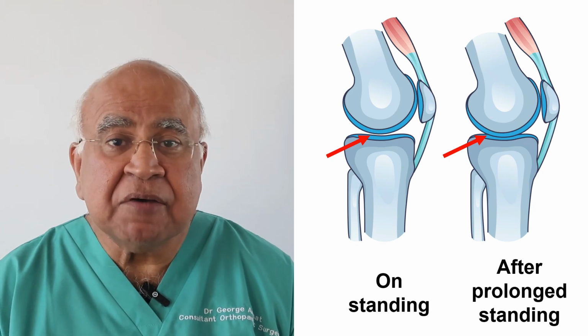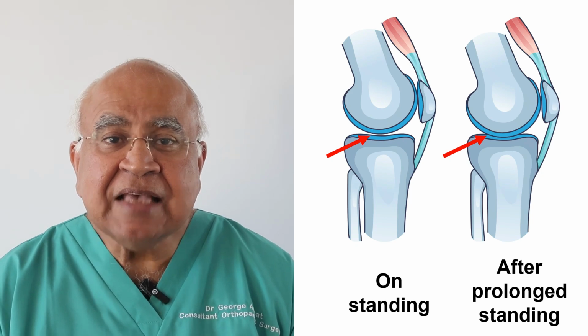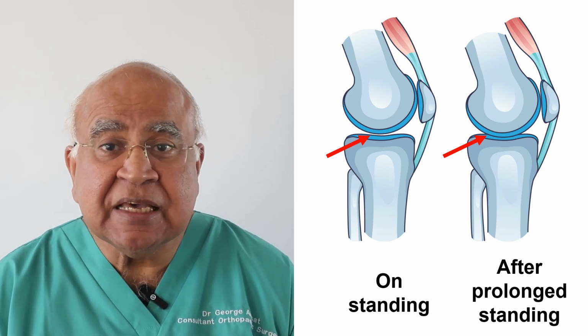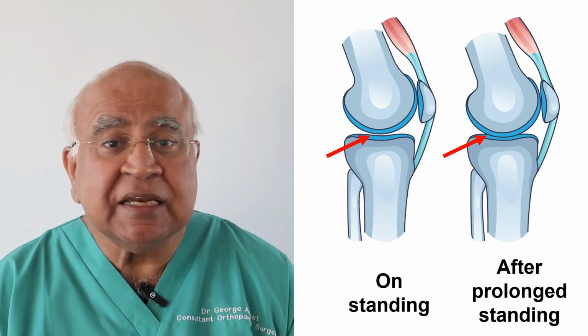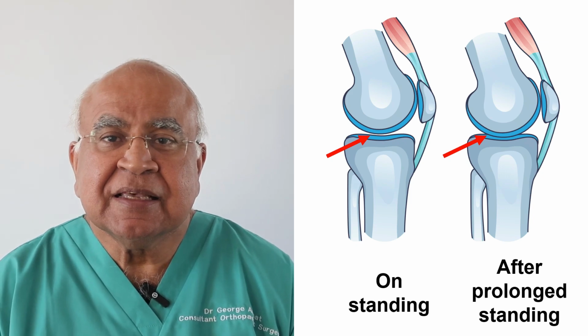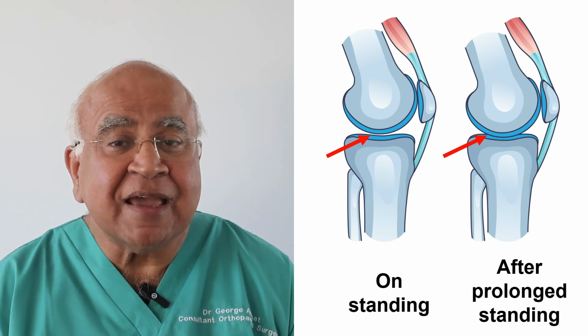This change of shape allows a greater area to come into contact. As the area of force transmission increases, the force per unit area, or pressure, decreases. This prevents cartilage wear and reduces the risk of arthritis.